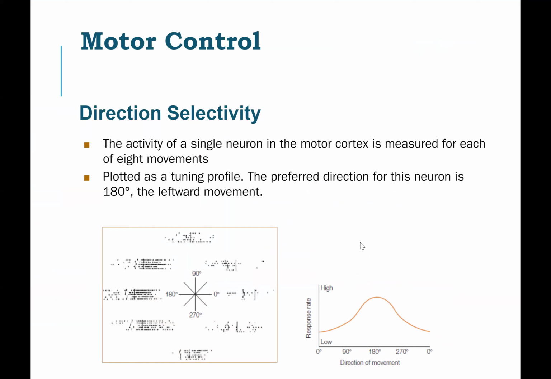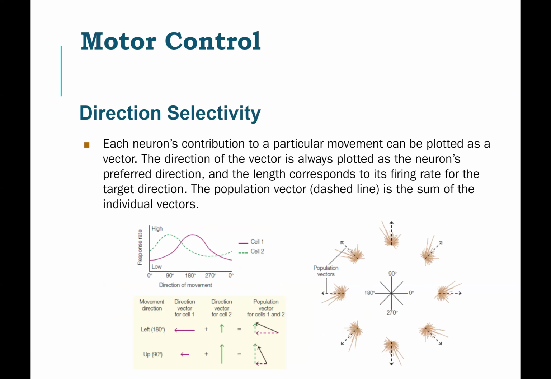So in this case, there was a question earlier, you could see this gradedness where the cell is active maximally for a certain direction of movement, but that falls off gracefully when you're making different movements. So the cell is not going to go quiet completely, but rather slowly fall off.